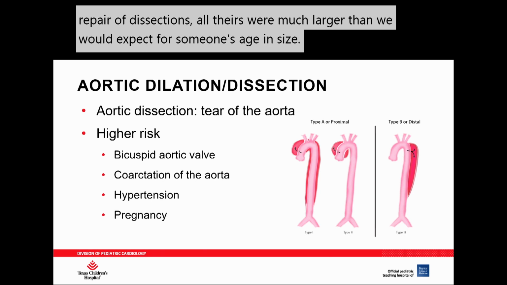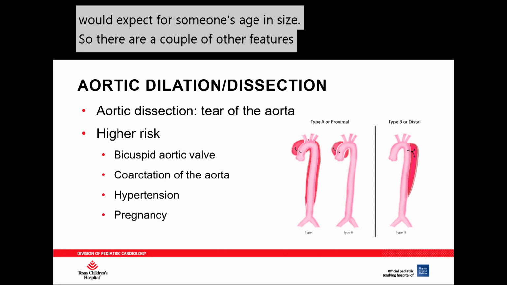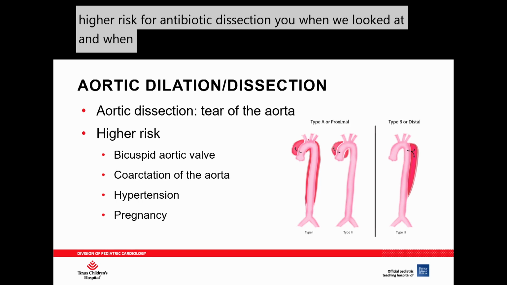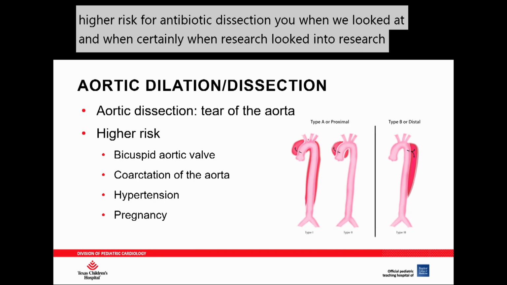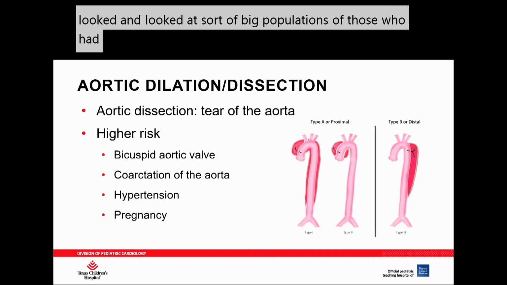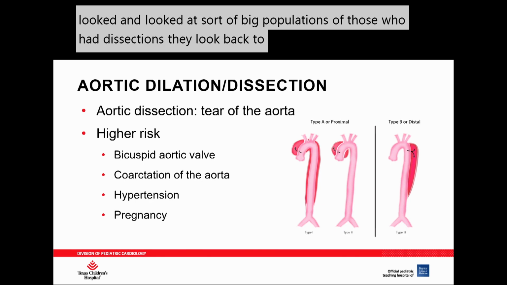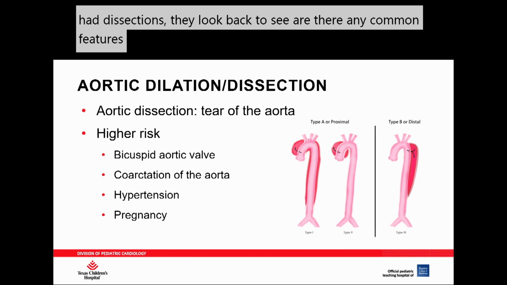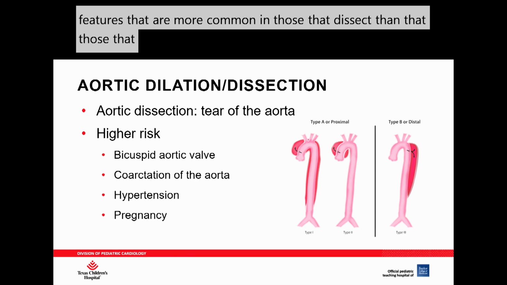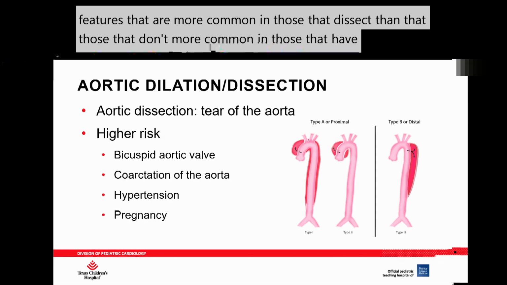So there are a couple of other features that put someone at higher risk for an aortic dissection. When researchers looked at big populations of those who had dissections, they looked back to see, are there any common features that are more common in those that dissect than those that don't, those that have ruptures of the aorta or those that don't?